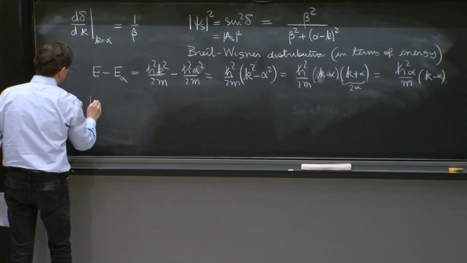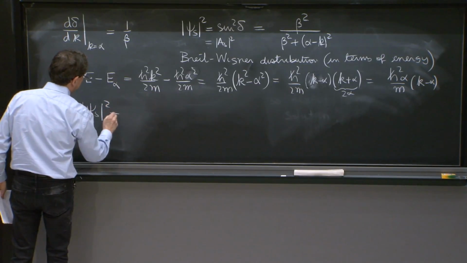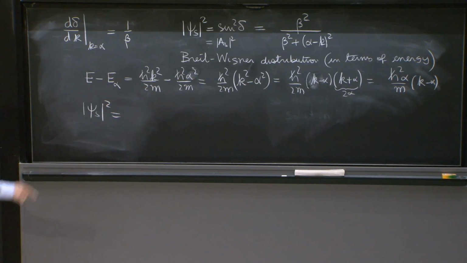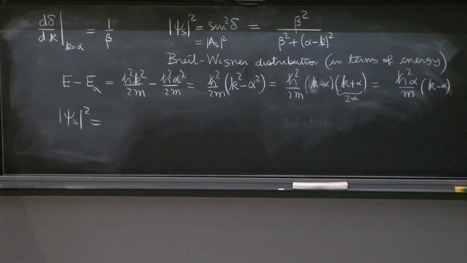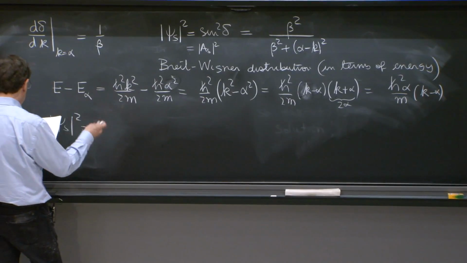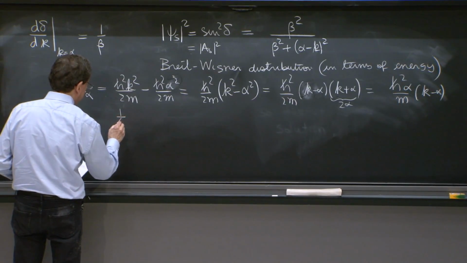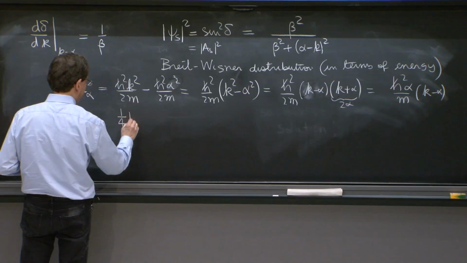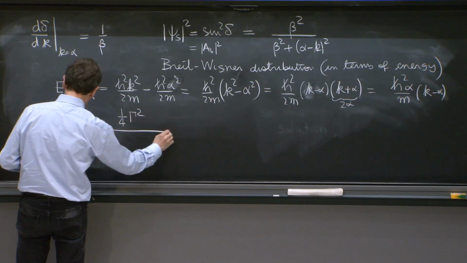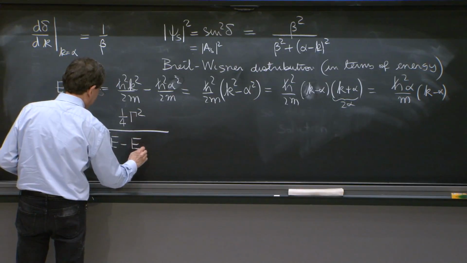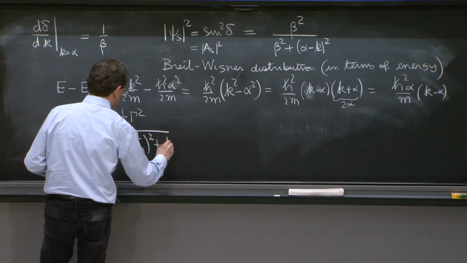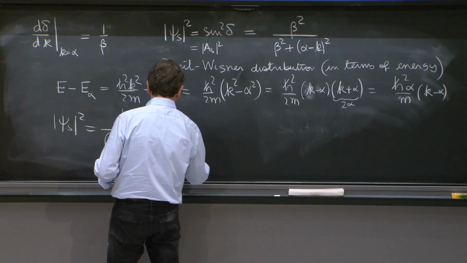Then psi s squared, doing a little more algebra with the constants there. Probably, if you want to do it, it takes 2 lines. It's trivial. It's really simple. It's always written in this form: 1 over 4 gamma squared over E minus E alpha squared plus 1 over 4 gamma squared.